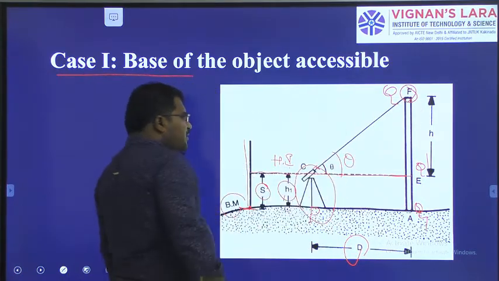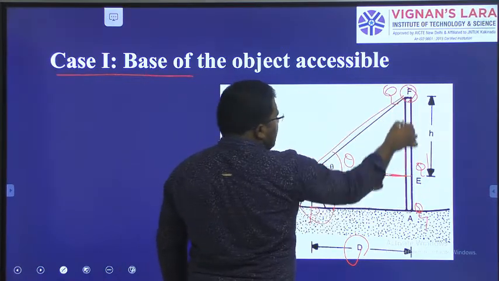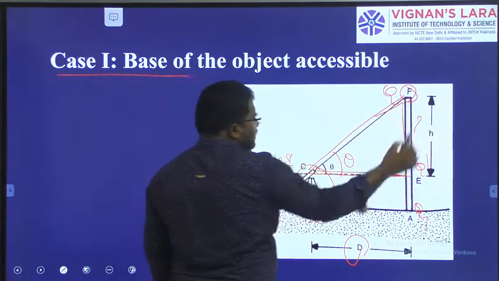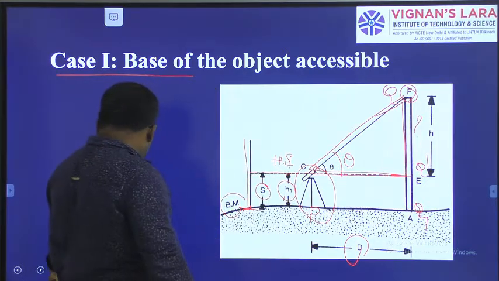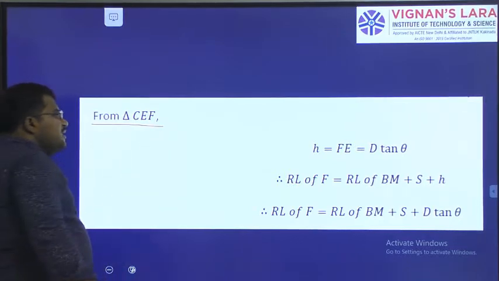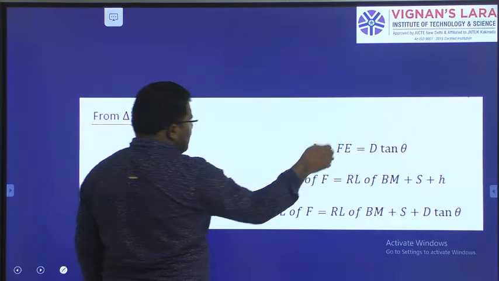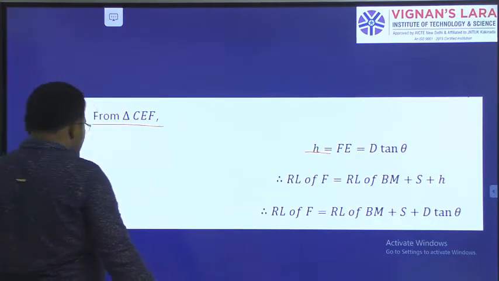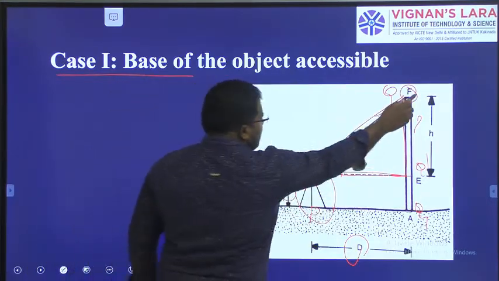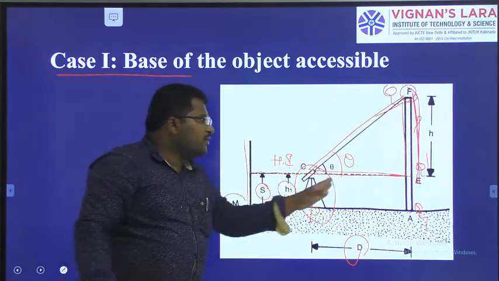Now from this triangle we are going to find out this height. That is the actual procedure in trigonometric leveling. From the triangle CEF, H is given as FE, from here to here, which is D tan theta.